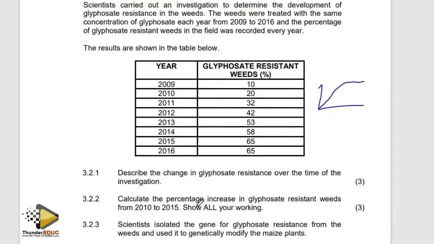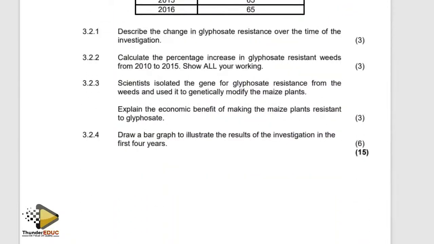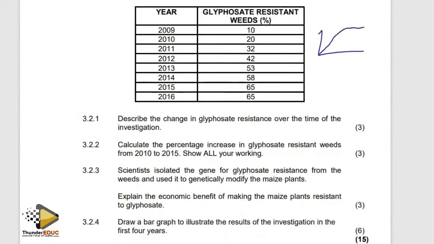Then they're saying calculate the percentage increase in the glyphosate resistant weeds from 2010 to 2015. Show your working. Whenever they ask you to calculate the percentage increase, this is what you are supposed to do.